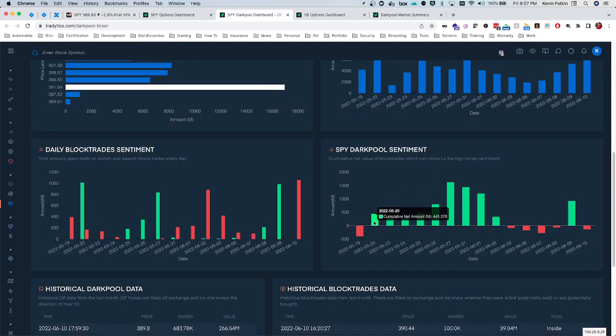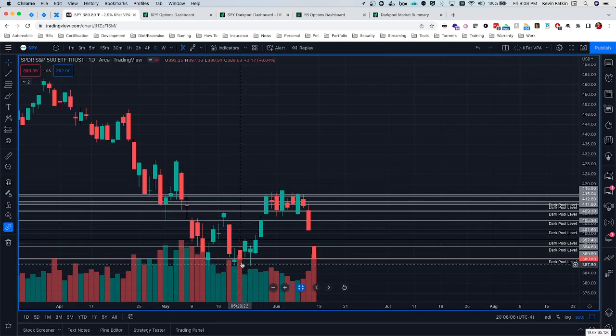sure enough, May 20th is when the sentiment shifted from bearish to bullish. So if we were looking at this dark pool data and we were seeing multiple green days, and again, I wish I had known about this sooner, because I really could have used this, especially for maybe holding some sort of short-term call on SPY.